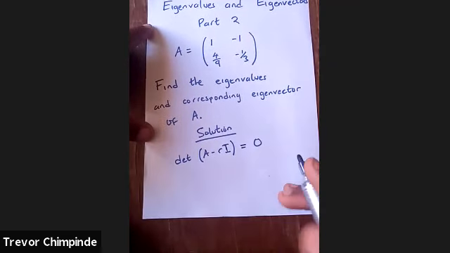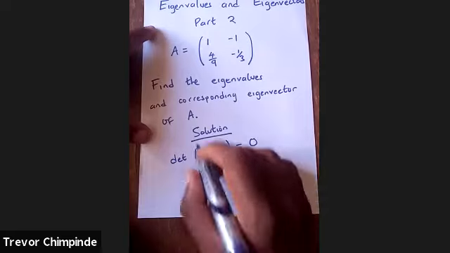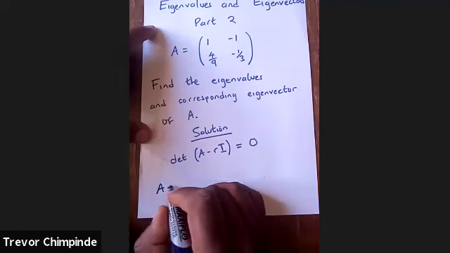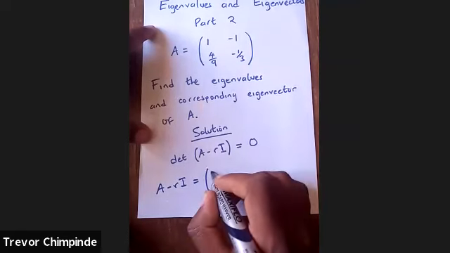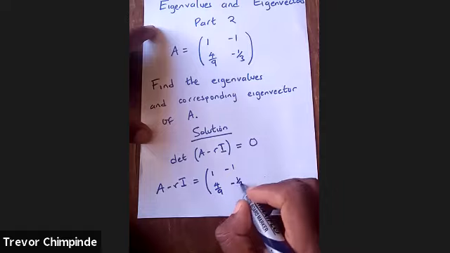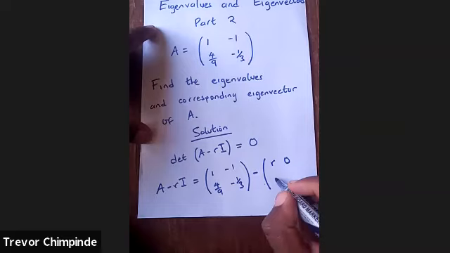It's just notation. So in this case, what will be this A minus RI? This is our A, 1, -1, 4/9, -1/3, minus R, 0, 0, R.